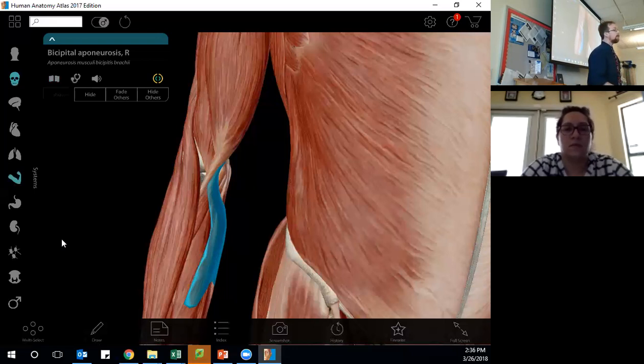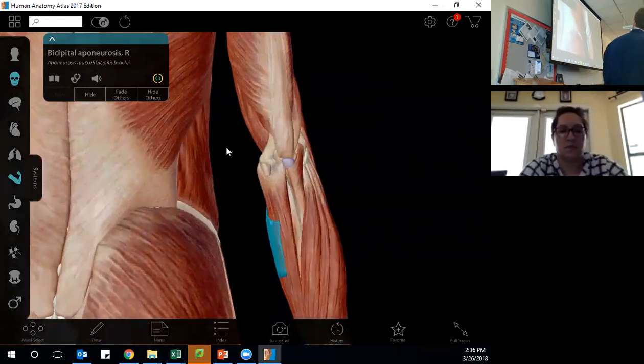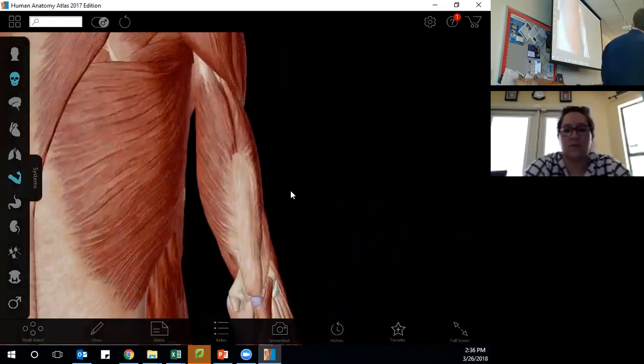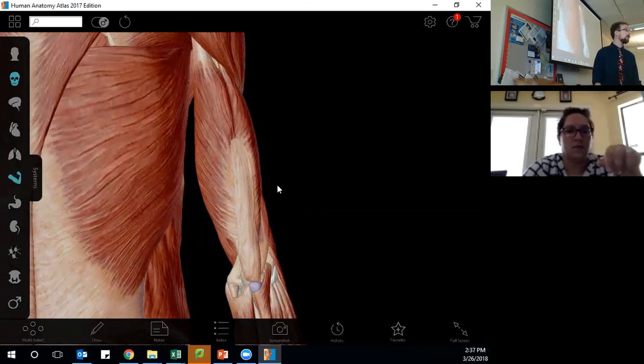All right, so other side, we've got extension. What was the origin of triceps long head? Infraglenoid tubercle. We also have a medial and a lateral head. All three of those go into the triceps tendon. The triceps tendon inserts into which bone? What's its function?